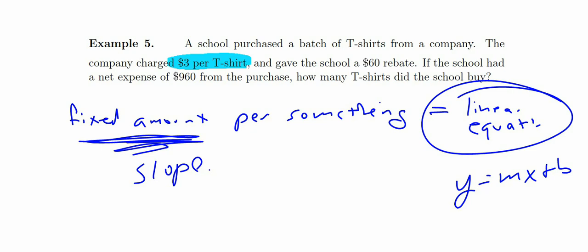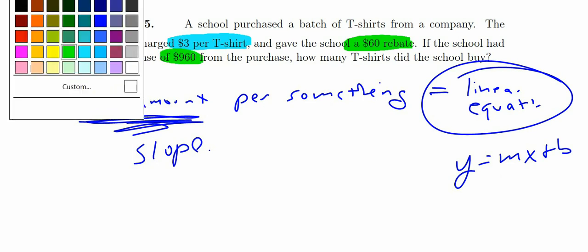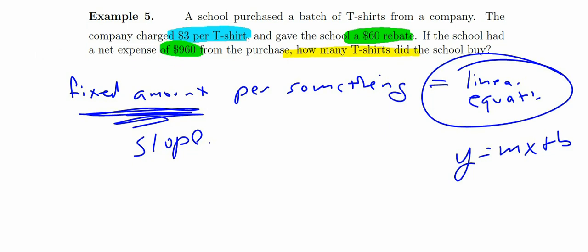Now, for the rest of the question, and then they gave the school a $60 rebate. Okay? If the school had an expense of $960 from the purchase, how many t-shirts? So that's what I need to answer, is how many t-shirts? Okay? Now, there are several different ways you could do this, but honestly, the easiest is to write an equation and then just solve that, because I already know. Now, they got $60 off, so whatever they paid for those shirts, we get to subtract $60.